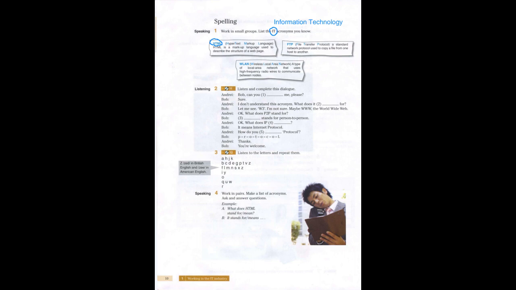So this H is this one. This T is this one. So we take the first letters only of hypertext markup language, and then we group them together as one word. So this group of letters is called acronym. Acronym.